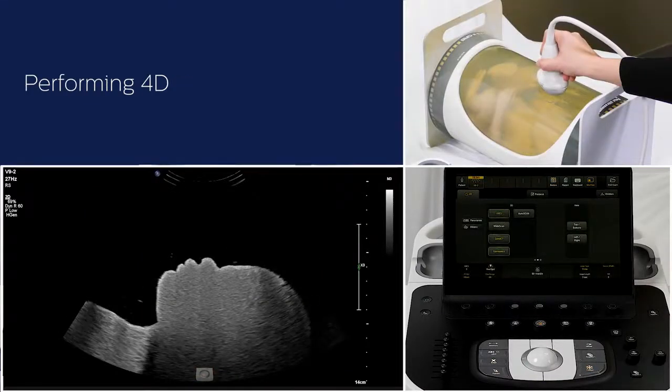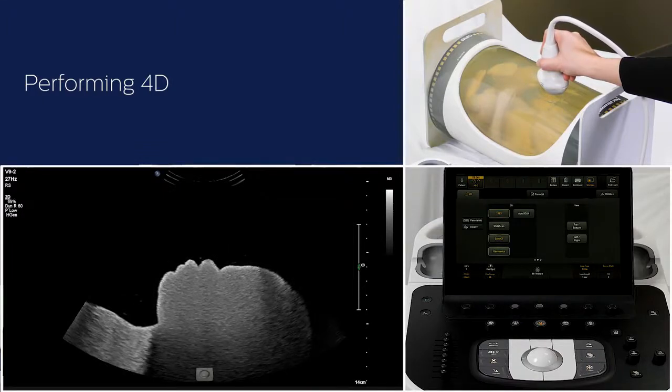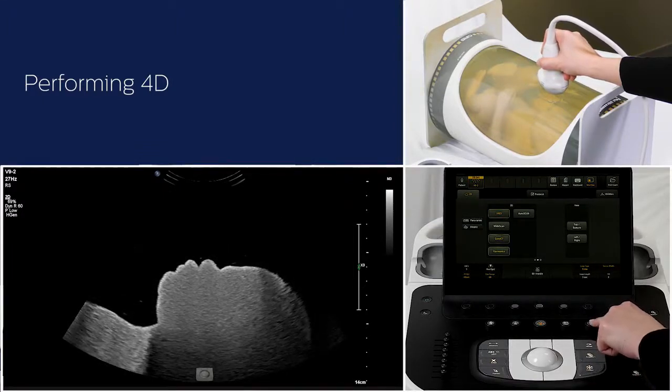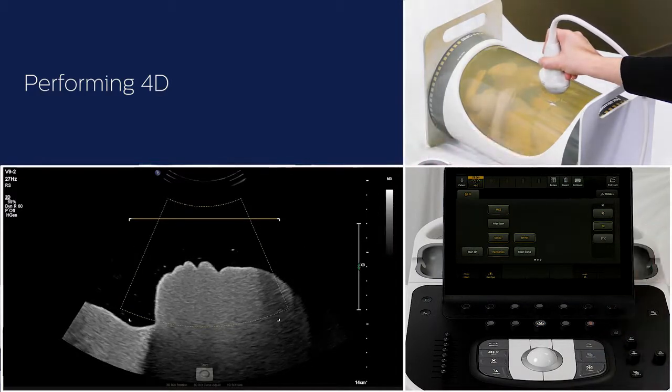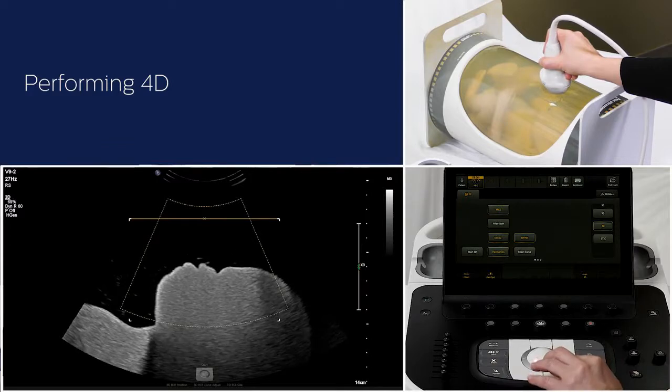To do a 4D examination of the fetal face, we will go back to 2D. Press 3D and select 4D on the touchscreen. Adjust and optimize your region of interest box.